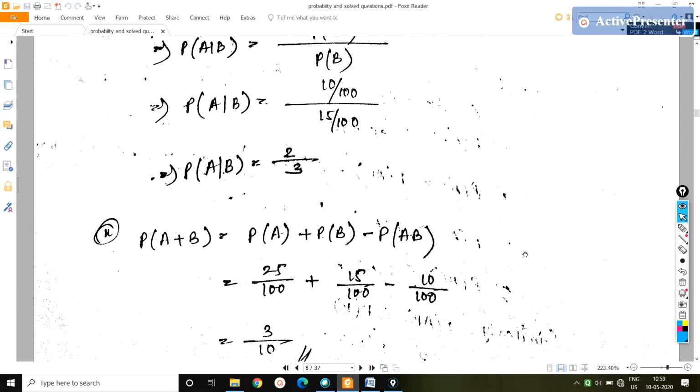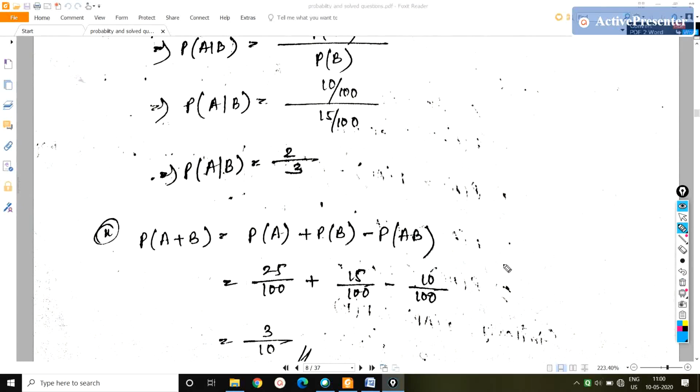So in this case, P of A is 25 by 100, P of B is 15 by 100, and P of AB, that is failing in both the subjects, also comes simultaneously. You have to find either failed in A, that is mathematics, or chemistry. So this is the probability. Here it will come out to be 3 by 10 by using that or.